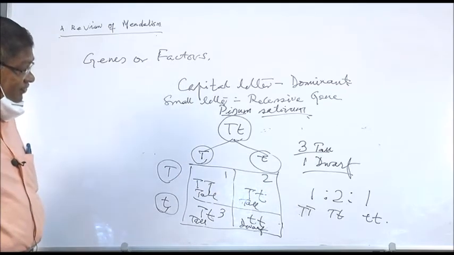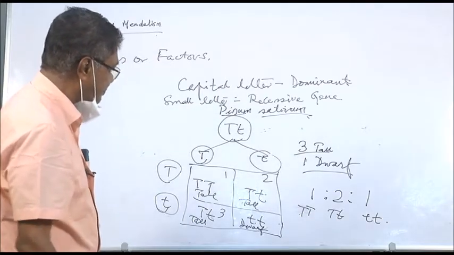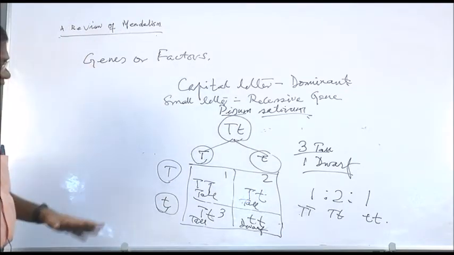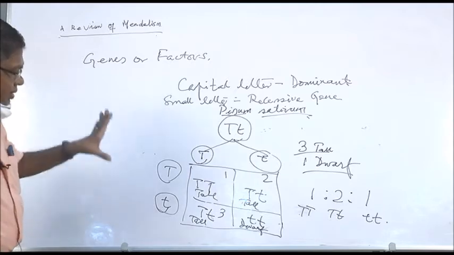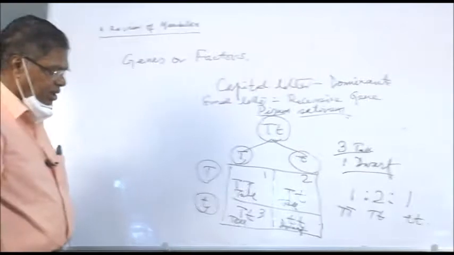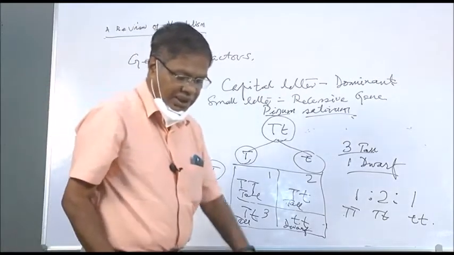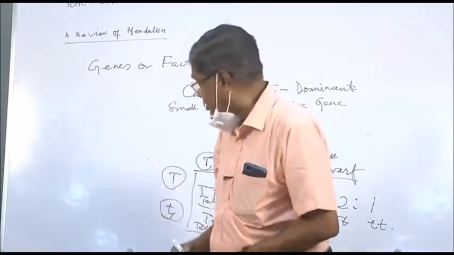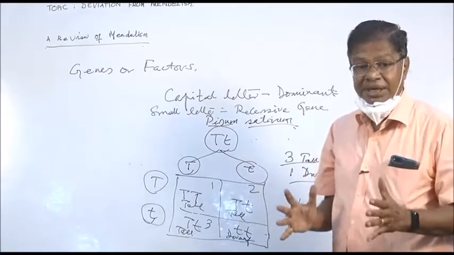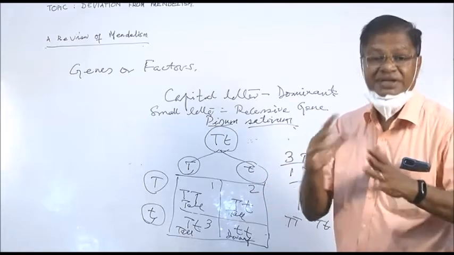In case of dihybrid cross, we find a different thing. But before going to dihybrid cross, to understand the initial cases of Mendelian deviations, let me review what I have discussed already. Mendel said that characters are determined by genes or factors.